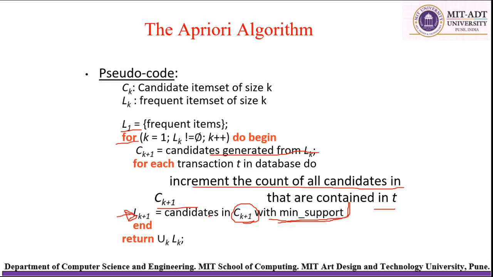Like this we are getting the frequent item sets. We start with one frequent item sets, then we get two frequent item sets. So this process is repeated and we get all the frequent item sets at the end.